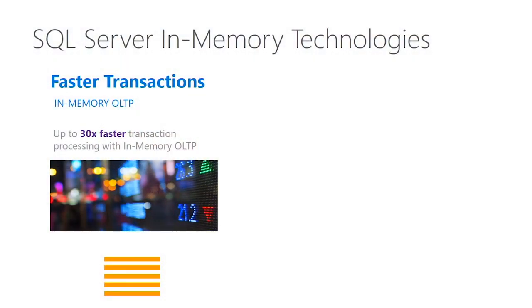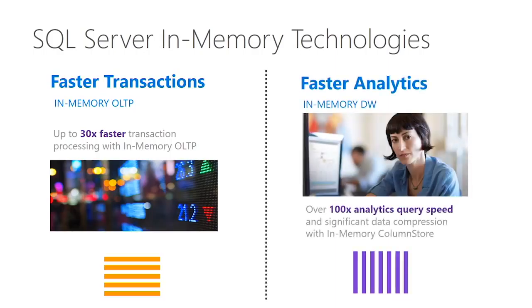Okay. Now let's take a look at how we have integrated the same technology in memory-optimized tables. In SQL Server 2014, we came out with a technology that could speed up the OLTP workload up to 30x. And we combined that with the columnstore technology, which could make analytics up to 100x faster.